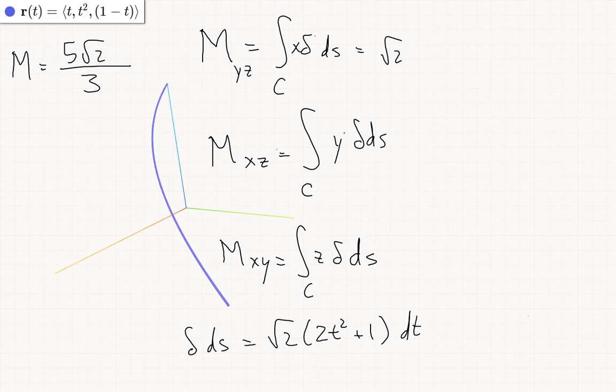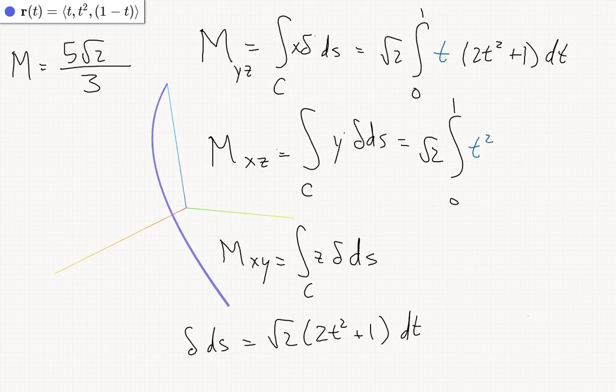So Myz will be root 2 integral from 0 to 1, times, so x is t, so we'll have t times 2t squared plus 1 dt. This will be root 2 integral 0 to 1 of t squared times 2t squared plus 1 dt.